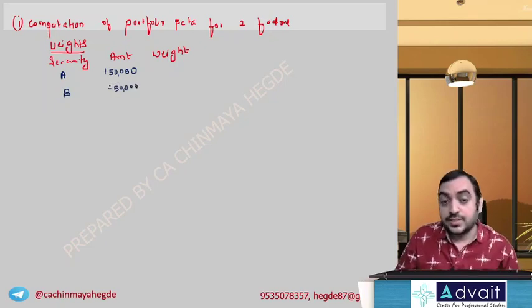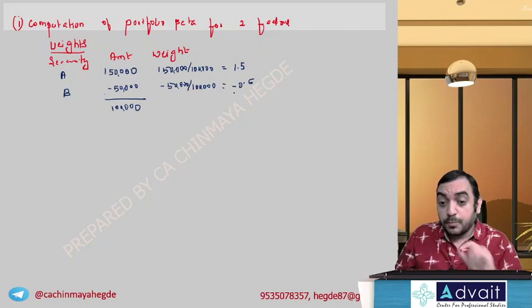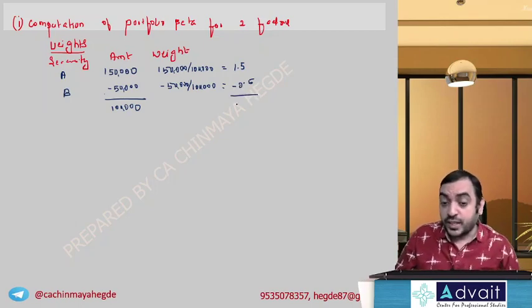Borrowing in securities, sell short. So total 1 lakh. So what are going to be the weights? 1,50,000 divided by 1 lakh, which is 1.5. And minus 50,000 divided by 1 lakh, which is minus 0.5. Minus 0.5 because you're borrowing in securities, but the total of the weights should always be 1.